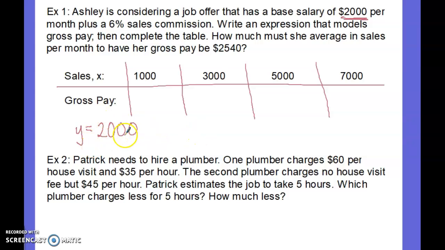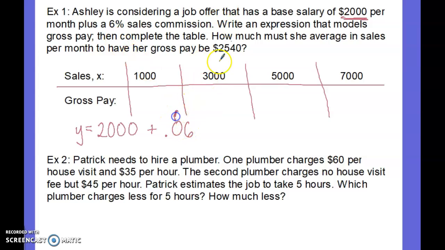So she's getting $2,000 a month, which in today's standards is not very much money. But then she also gets a 6% commission, which you write as a decimal.